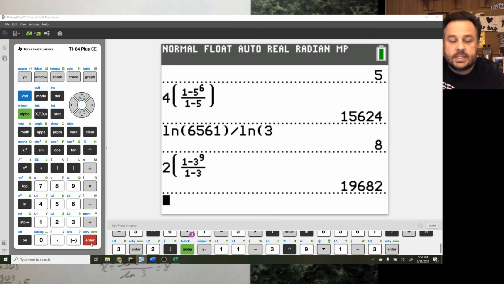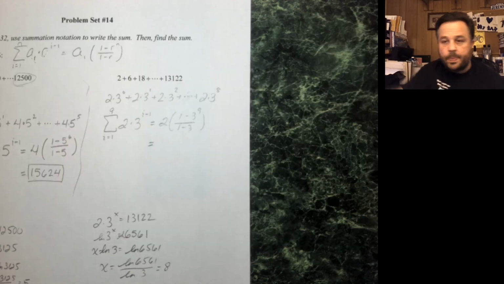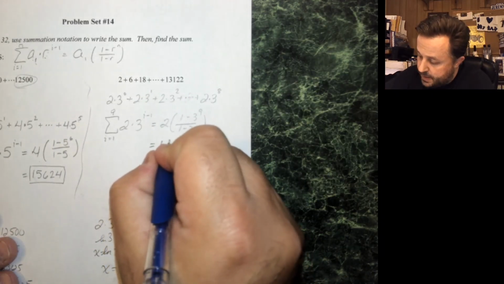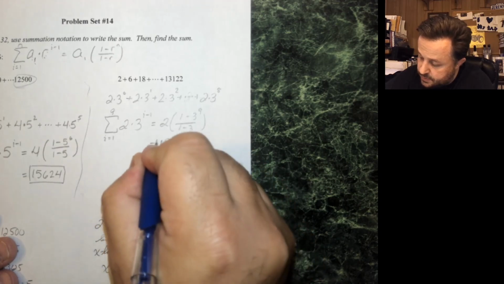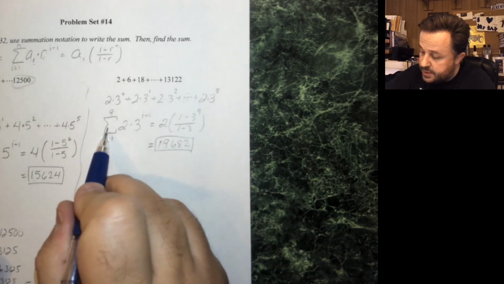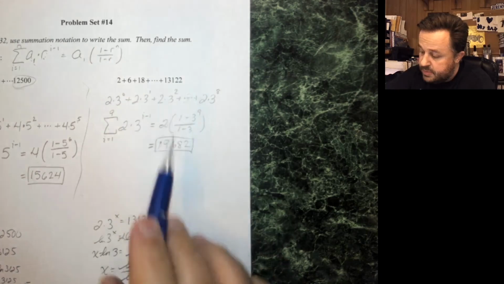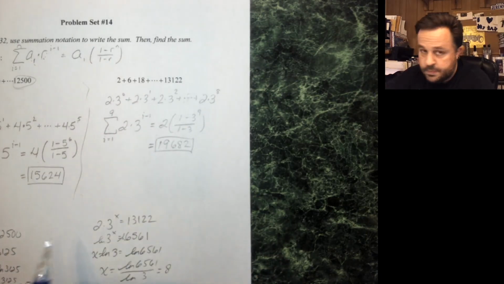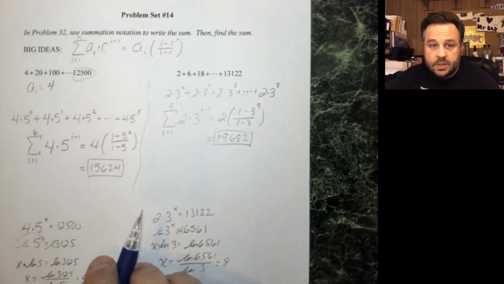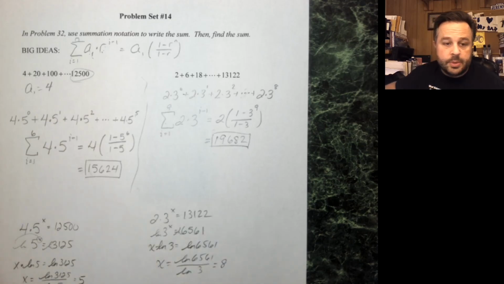So 19,682. Again, there's our summation notation to write the sum, and then we found the sum. So hopefully that's some help for you on problem number 32.